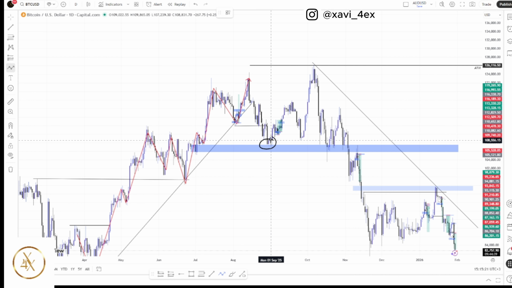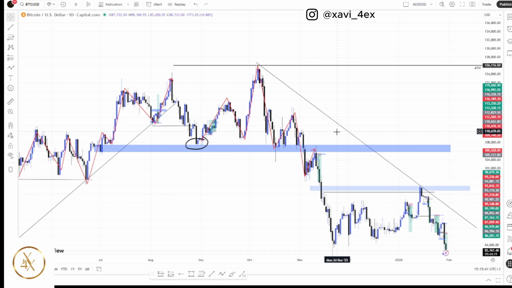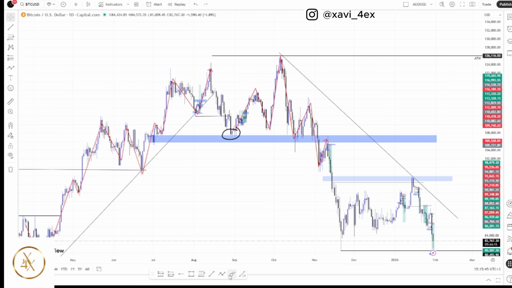Then price continued up, creating more highs. And this was the final high, which is the all-time high. Once that happened, price broke below in November. Price broke below and retested that level. So someone who had their eyes on the market knew that, oh, we already had a shift.